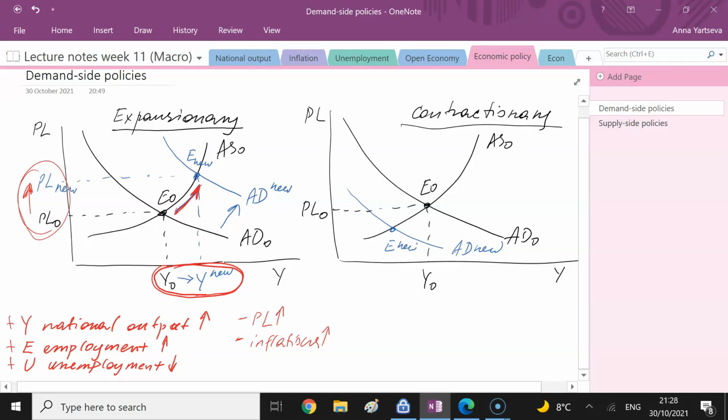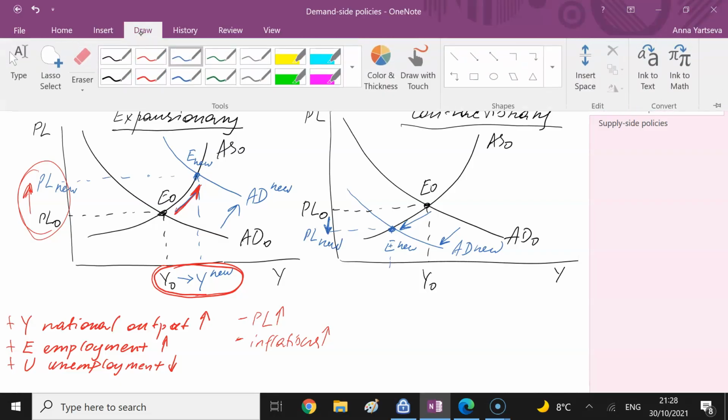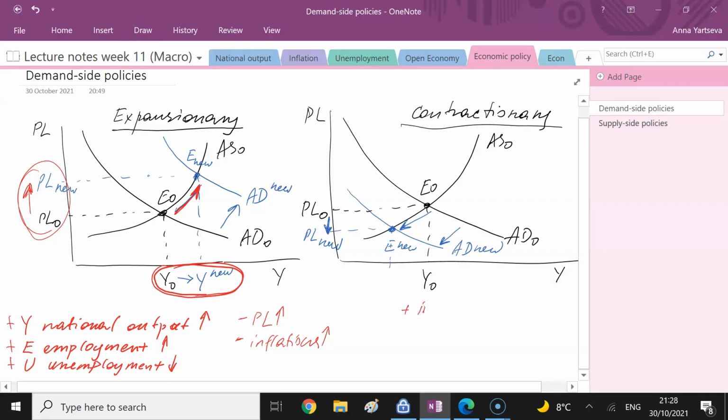If we manage to contract aggregate demand, in other words, to move the original black aggregate demand curve towards a new lower level, our economy will move to a new equilibrium point. In other words, we will enjoy a lower price level now. The price level drops, so we manage to slow down our inflation rate. The current price level also drops. Prices in the economy are lower.